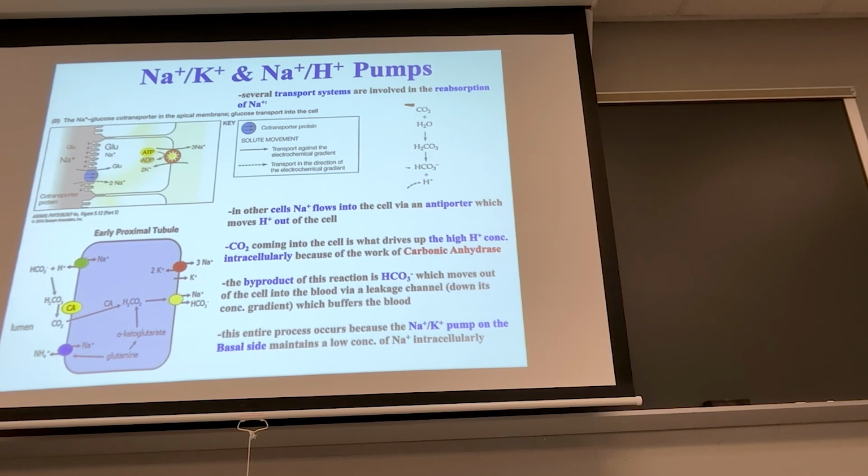The body does not like protons, so we typically get rid of those. We move them into the lumen of a duct, or we just exchange them into the environment. So you're going to see carbonic anhydrase can be in multiple places. It can be in the cytoplasm, on the apical membrane, on the basolateral membrane. It can be all over the place.